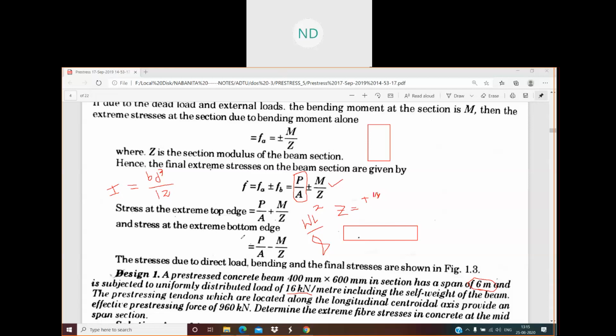So that will be D by 2, that is y. Your y is D by 2. So now you tell me what is your section modulus Z when your I is equal to B D cube by 12 and your y is D by 2. How much is your section modulus now?